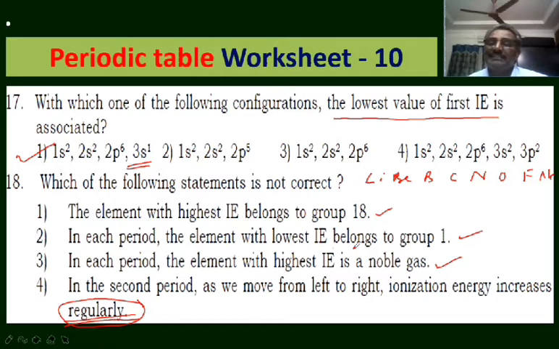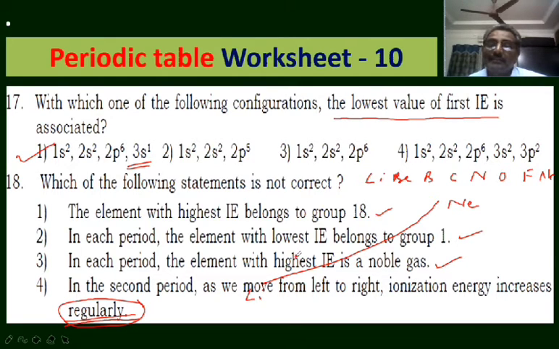We observe there is an increase in the ionization energies like this. When we move from lithium to neon, ionization energies increase like this, but beryllium possesses higher ionization energy than expected. Instead of following this path, the ionization energy of beryllium is higher.